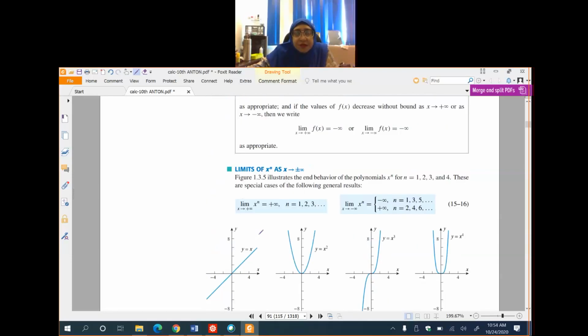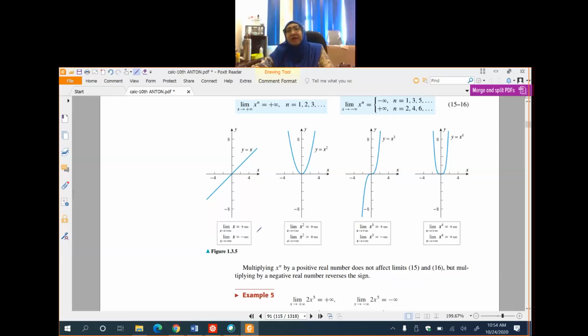Okay, and here we have several graphs for the polynomials. This is the graph of a linear function. This is quadratic, and this is a cubic function, and this is the graph for a function of order 4.